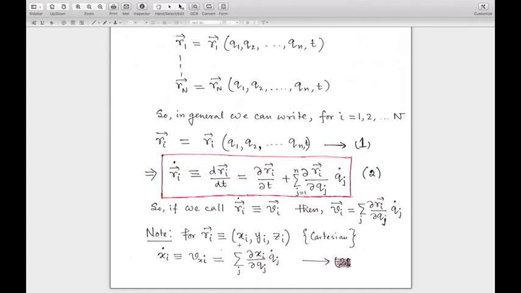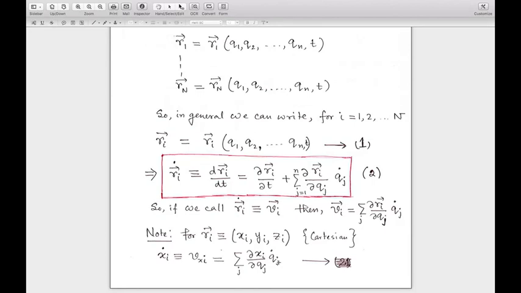Now note, when we are talking about simple Cartesian components normally, then Ri is nothing but xi, yi and zi. Then xi dot, that means the x component of the velocity for the ith particle, will simply be the summation over j, where j ranges from 1 to small n, of del xi del qj times qj dot.